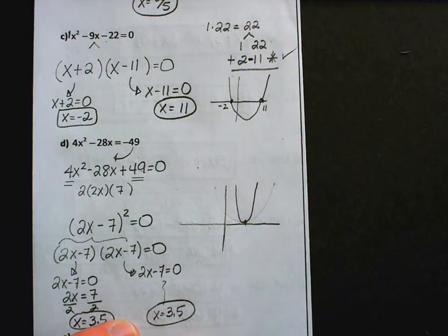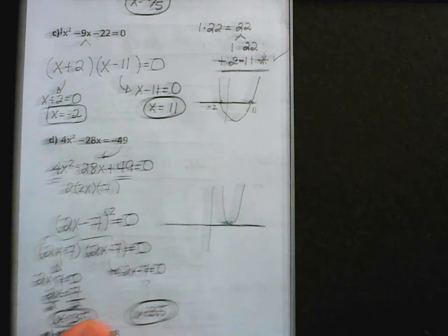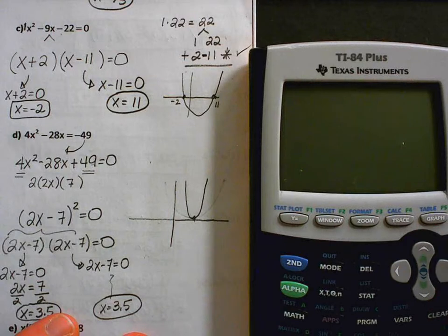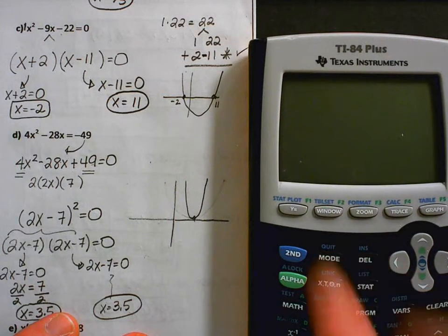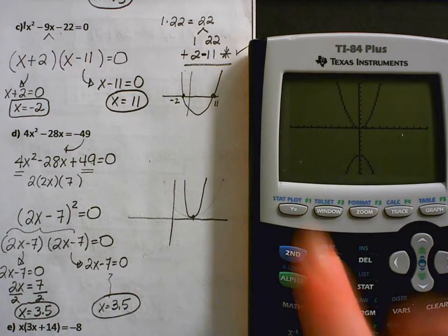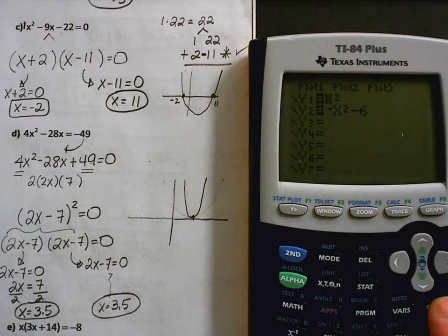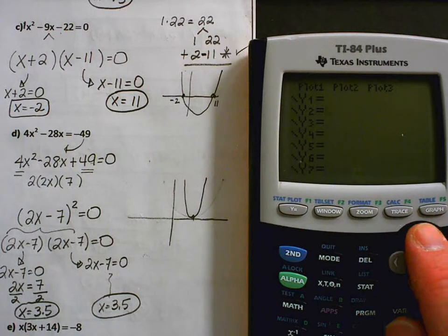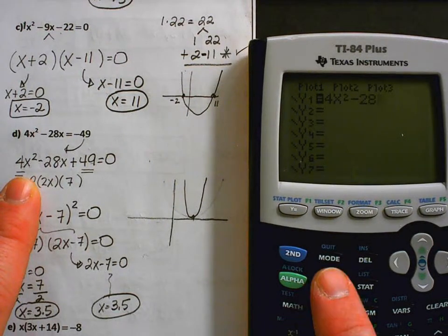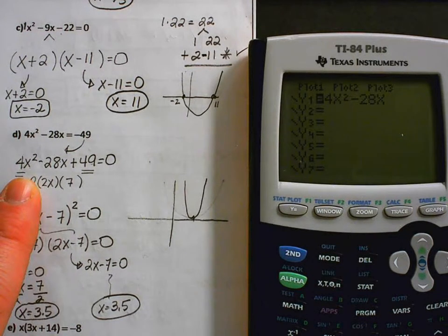Okay, let me illustrate that by looking at the calculator. Here I have a TI-84. I'm going to graph this equation. So let's turn on the calculator, press the Y button, and clear all the functions that might be found there. And let me enter the function that we have, which is 4x squared minus 28x plus 49.